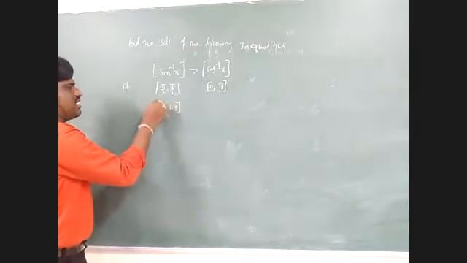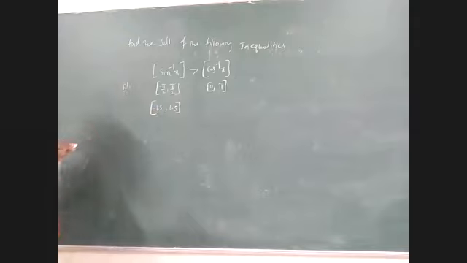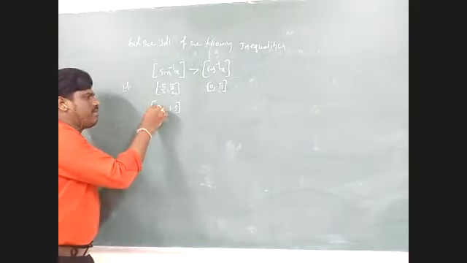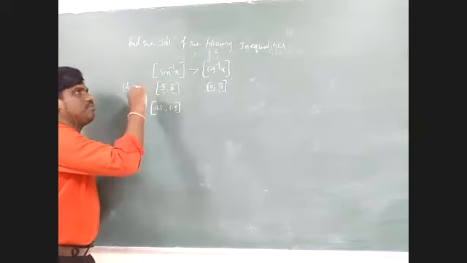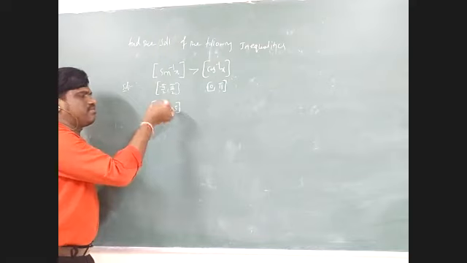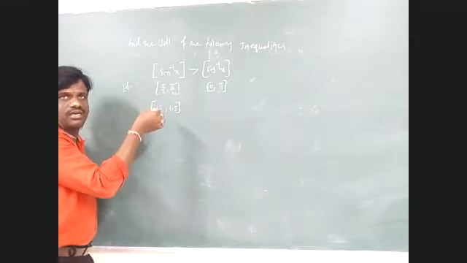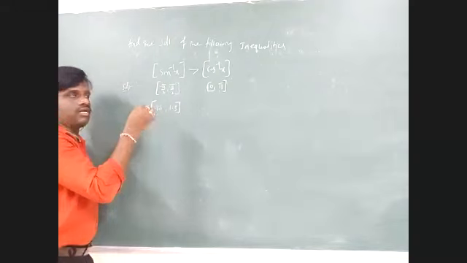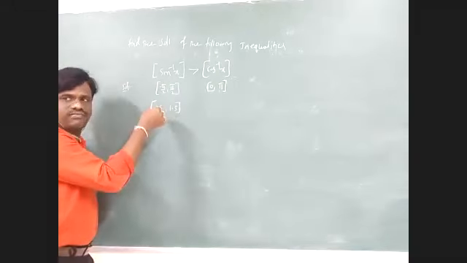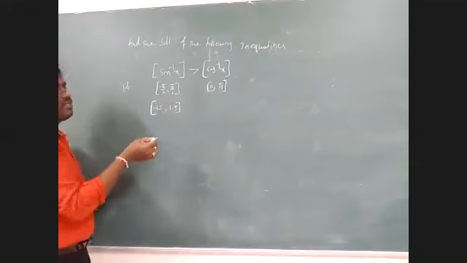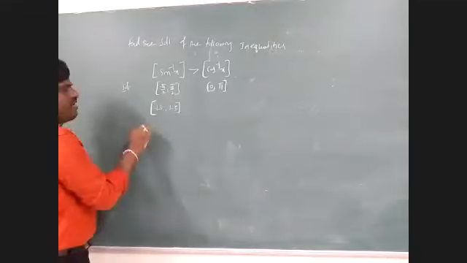What is the greatest integer of this? Listen to me carefully. If I take the greatest integer of minus 1.5 something, what do I get?